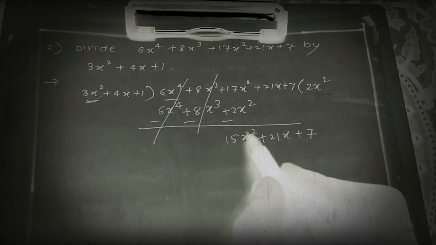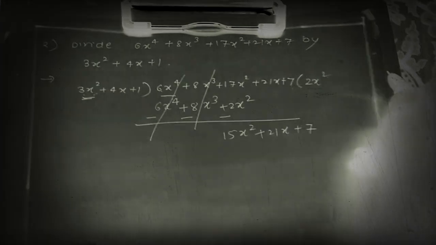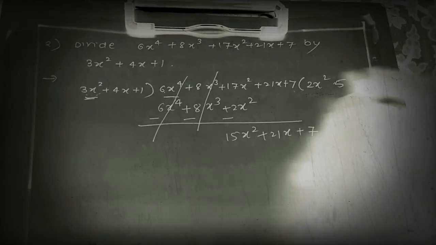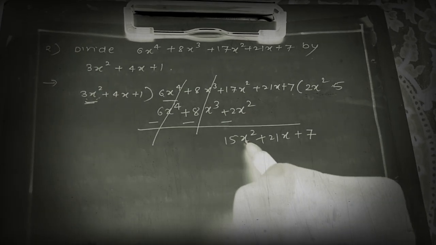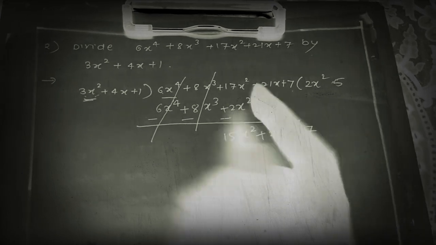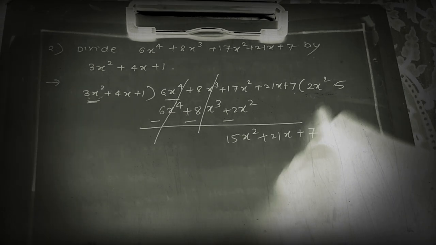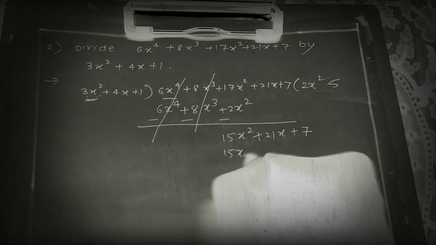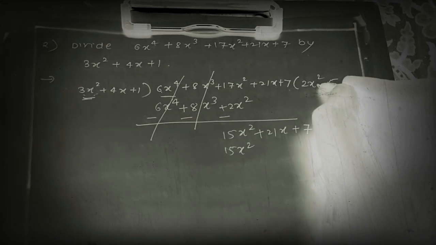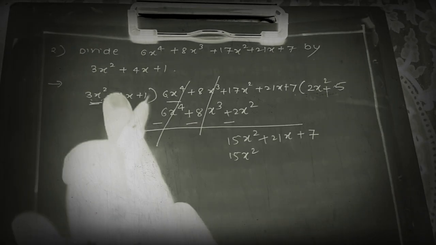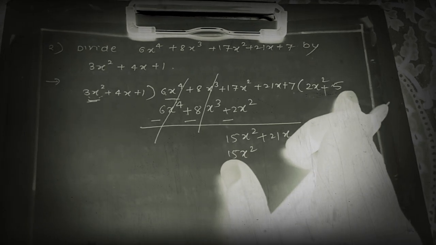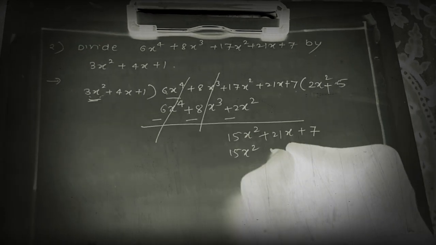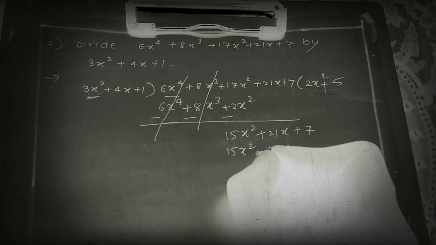Next you have to eliminate this 15x square. 3 into how much is 15? 3 5s are 15. x square is already there, so no need to multiply anything. So 3 5s are 15 and x square will be as it is. We give a plus sign because it has a plus sign. Next, 4x into 5. 4 5s are 20 and x will be as it is.